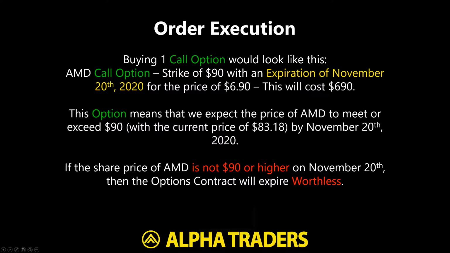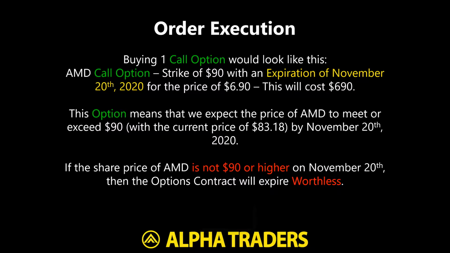Let's see it all written out with words. Buying one call option would look like this. AMD call option, strike at 90 with an expiration date of November 20th, 2020 for the price of $690. This will cost you $690. This option means that we expect the price of AMD to meet or exceed $90, with the current price of $83.18, by November 20th, 2020.